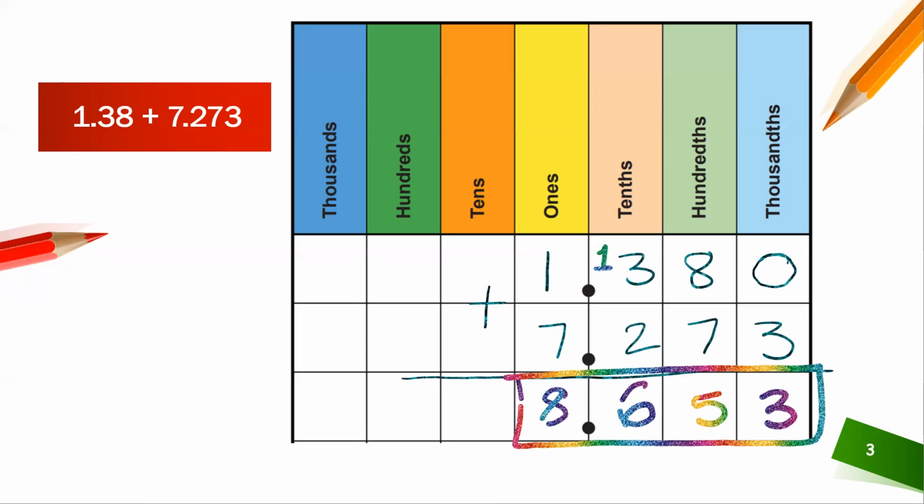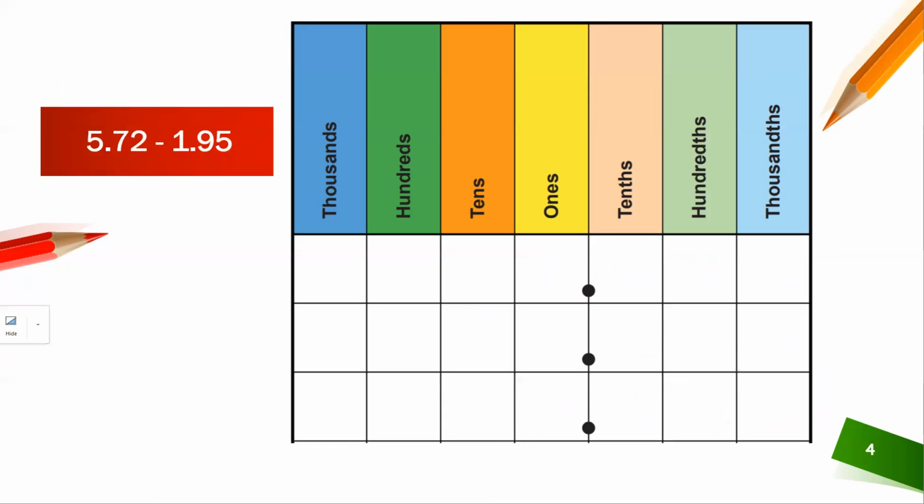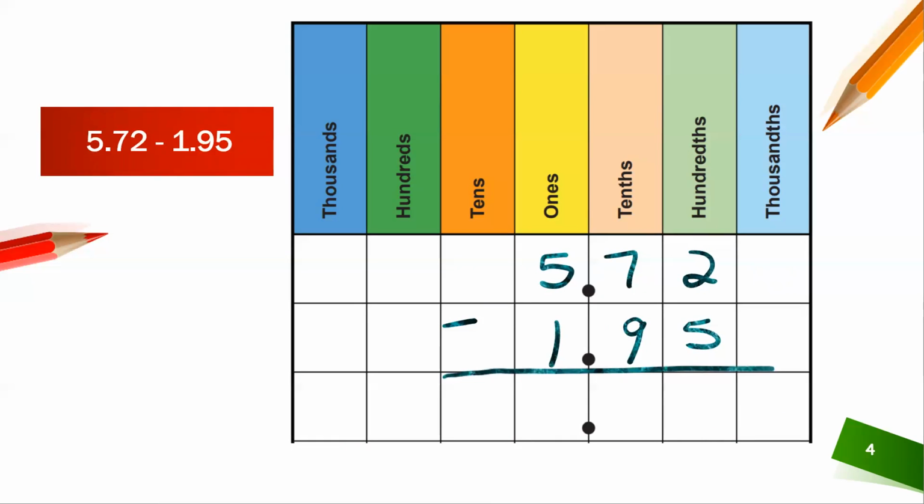Same addition process, right? Now let's look at subtraction. Suppose you have, say, 5.72 minus 1.95, right? What is it gonna be? Well, I know that 2 is not enough in the 100th place.